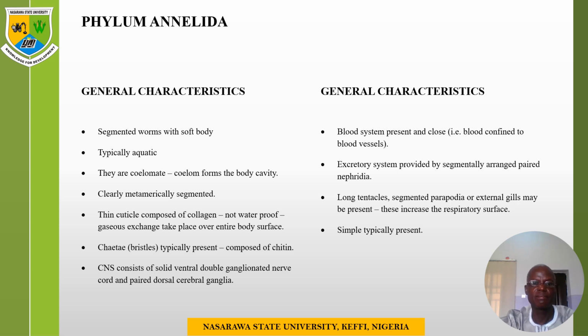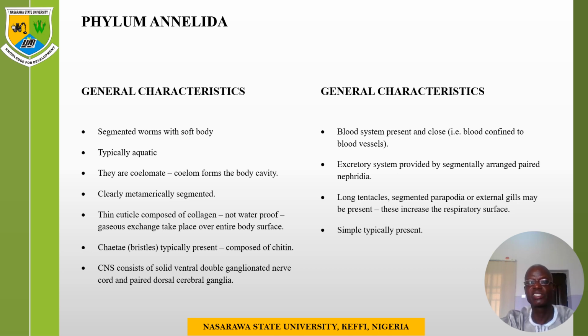The central nervous system consists of a solid ventral double ganglionated nerve cord and paired dorsal cerebral ganglia. The blood system is present and it is closed, that is, blood is confined to blood vessels.